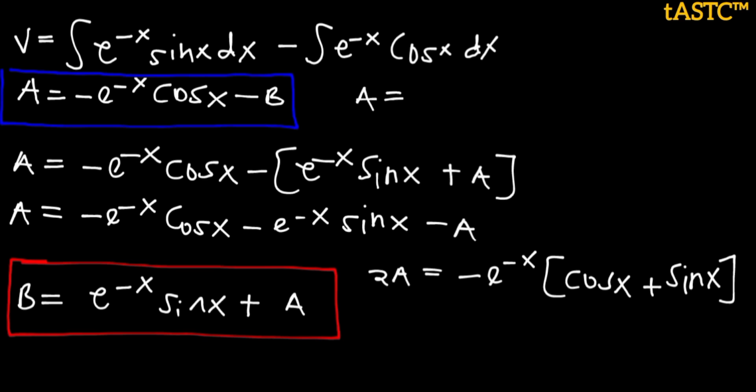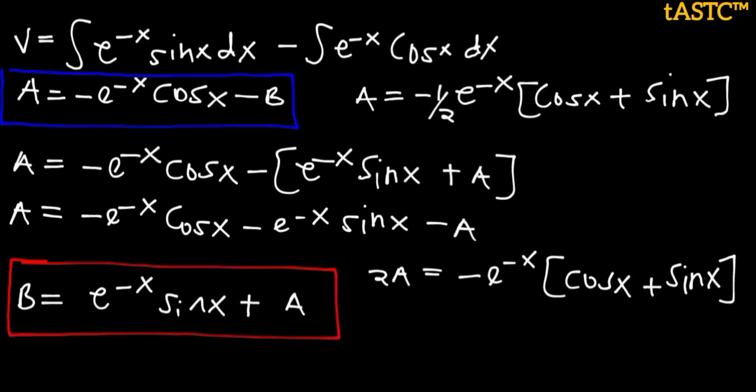So a from here is actually going to be negative 1 over 2 e to the negative x. That is dividing through by 2, right? So this is going to be cos x plus sine x. That is what you're going to have there. So this should be the new form of a, right? So I'm going to highlight that in blue.